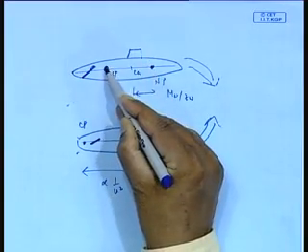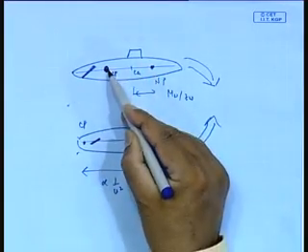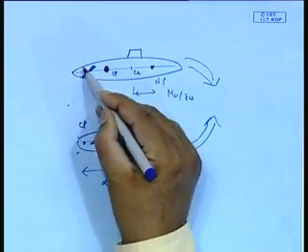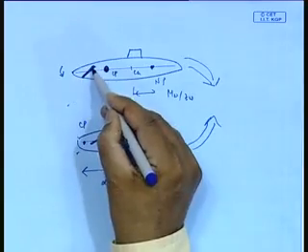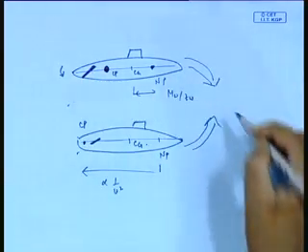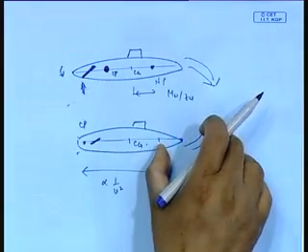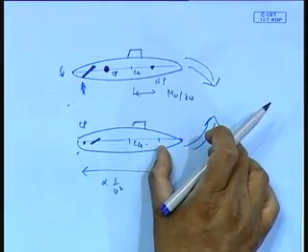Now, you see here, at high speed, when I turn the stern plane this way, it is called dive. Like you are giving a turn, so naturally force comes this side and therefore the ship turns downwards.